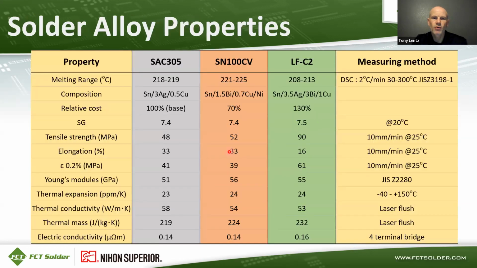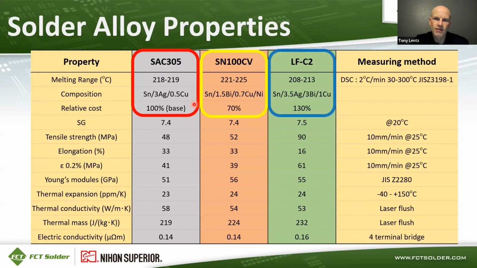So here's some solder alloy properties for 3 of the alloys I've been talking about. Here's SAC305, which in this data was melting between 218 and 219. Of course, everyone knows that's 3% silver and 0.5% copper. Then I'm comparing that to S100CV and LFC2.